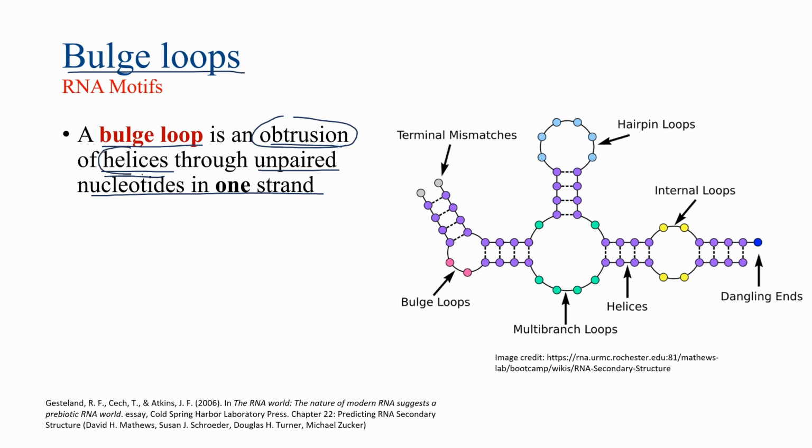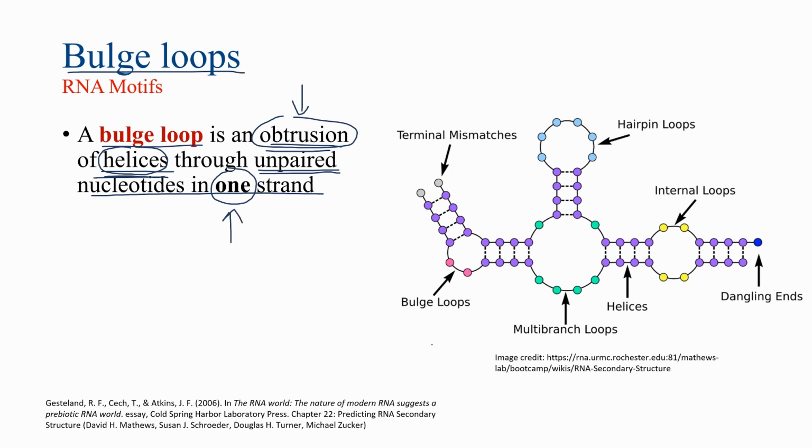They consist of two consecutive canonical base pairs, and the obtrusion happens because of unpaired nucleotides in one strand. So you have to keep in mind that this is caused by an obtrusion of helices, and also that the obtrusion happens through unpaired nucleotides in only one strand.